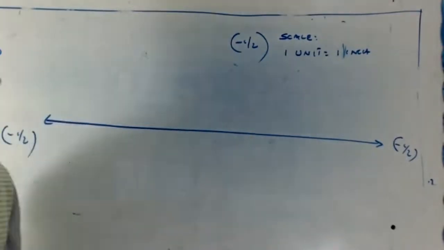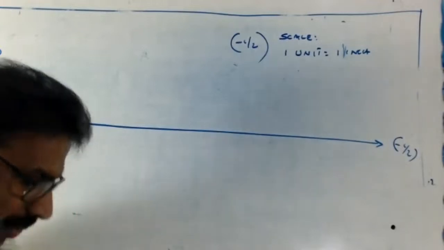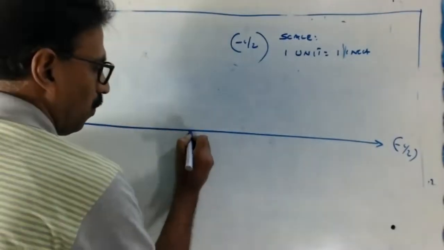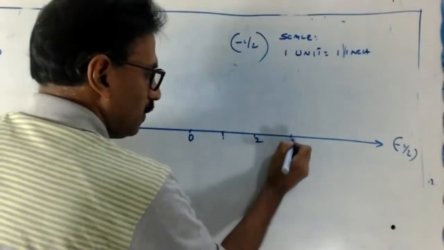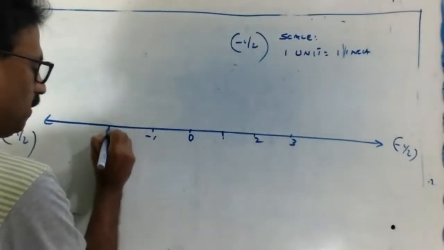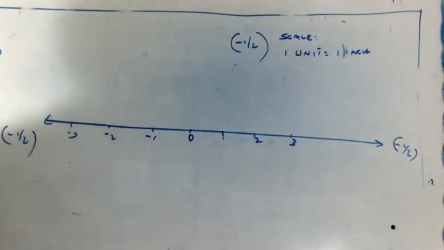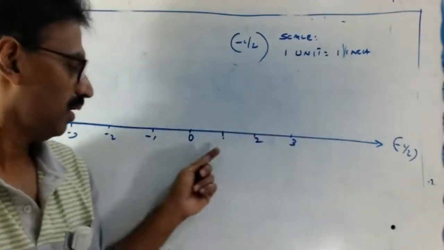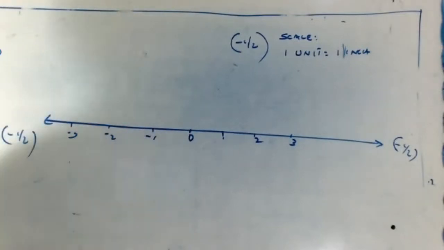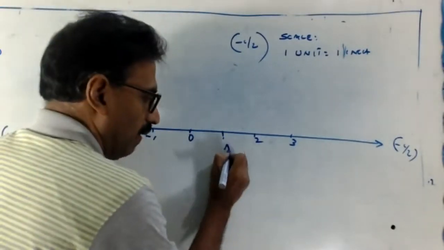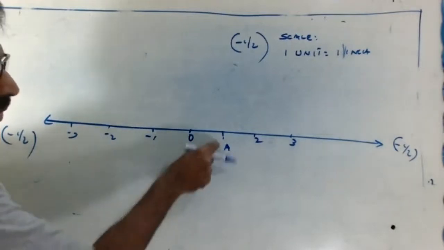Then step 1, you make this here O. Now 1, 2, 3, minus 1, minus 2, all according to the scale. 1 inch, 1 inch, 1 inch, like that. Then you mark it here A. Then draw a perpendicular.